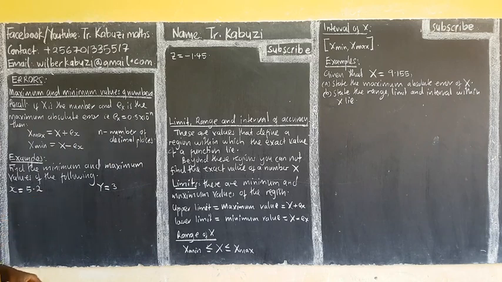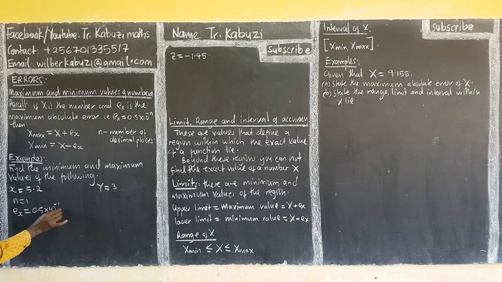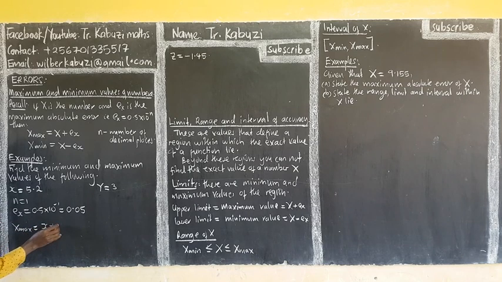When I look at this, it's given to one decimal place, meaning that n is equal to 1. So the maximum possible error in x is going to be 0.5 times 10 power negative 1, and so this one is giving me 0.05. So now my x max will be given by the exact value x plus e of x, which will be 5.2 plus 0.05.